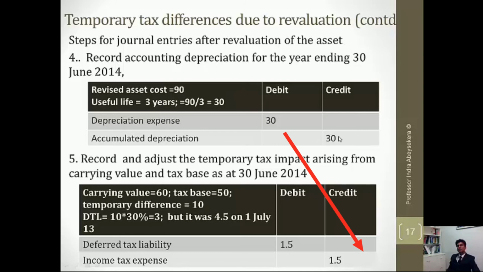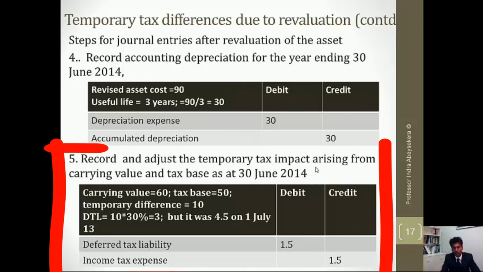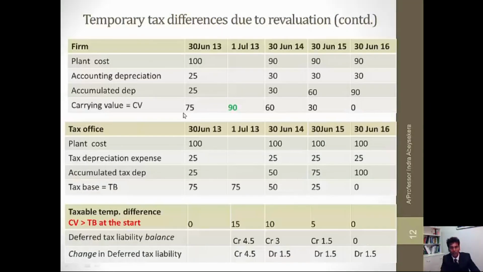This accumulated depreciation means depreciation is accumulating, that means asset value is decreasing. When asset value decreases, the deferred tax liability also must decrease. It decreased by 1.5. If you want more detail, initially it was 4.5, and now the deferred tax liability balance is 3.